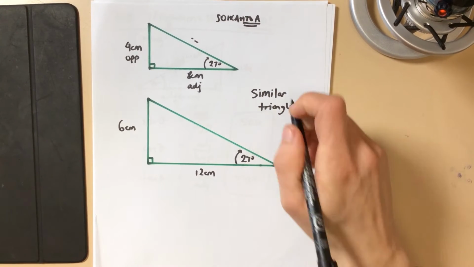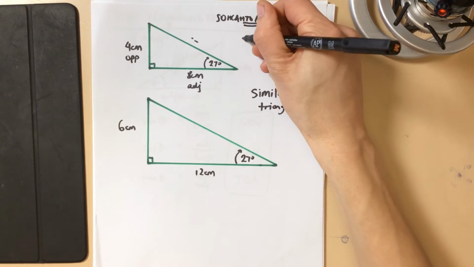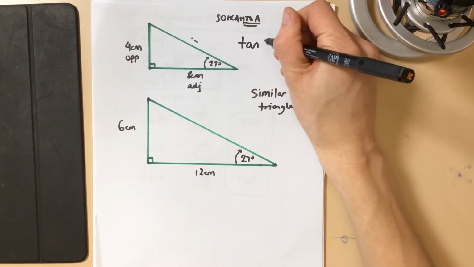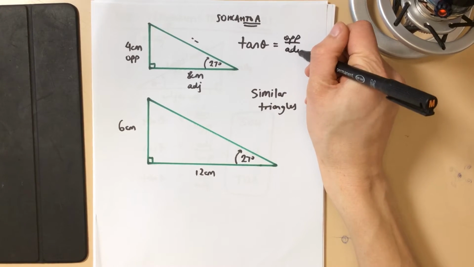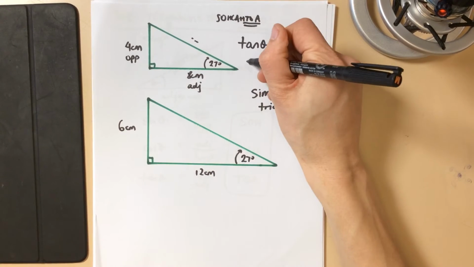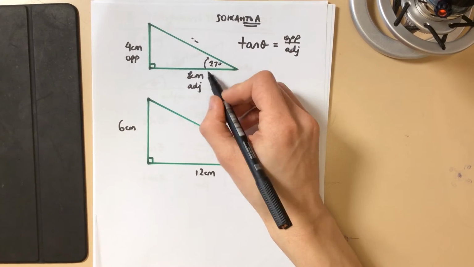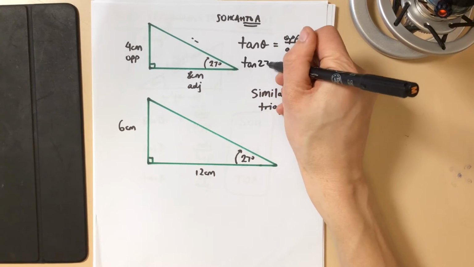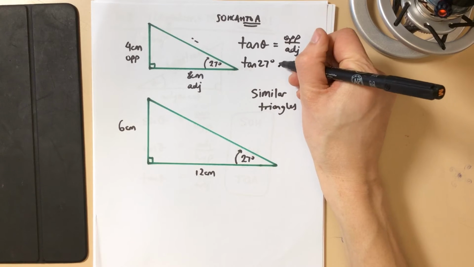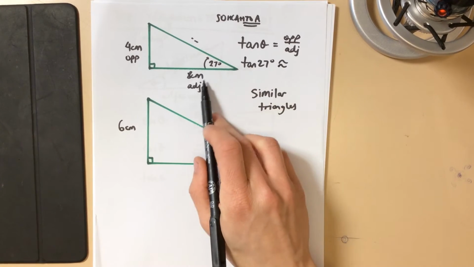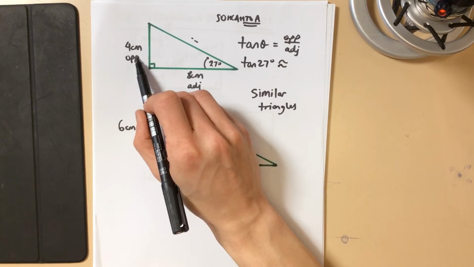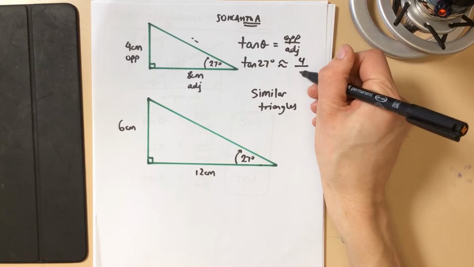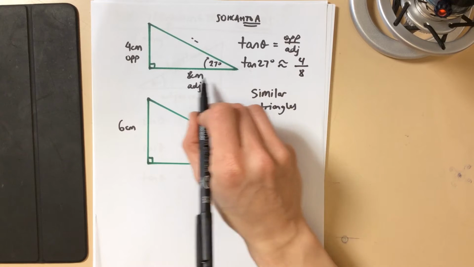So what this is telling us is that because tan of an angle, like say theta, is opposite on adjacent, in this triangle, theta, this angle over here, is 27 degrees. It's roughly equal to, I'm saying roughly because all of these measurements are just approximate, opposite, that's 4, over 8. That's the other side here.